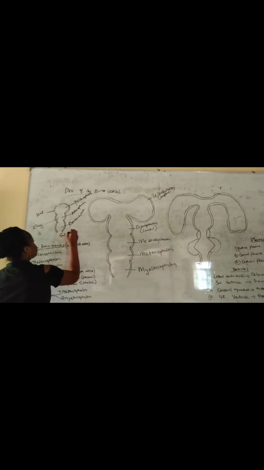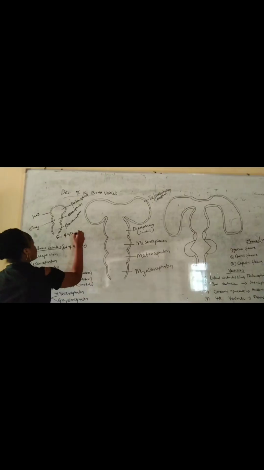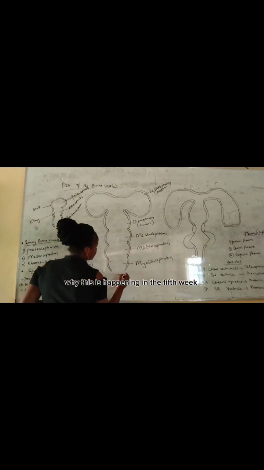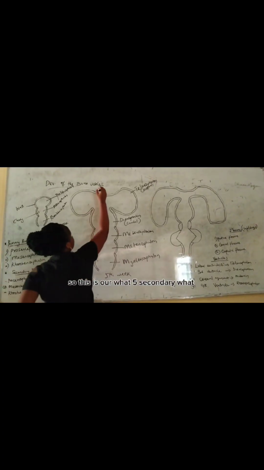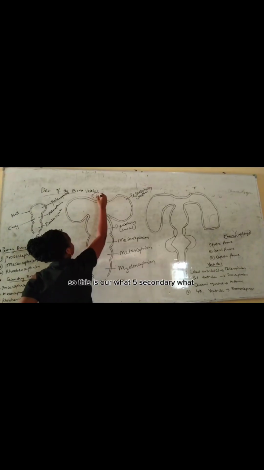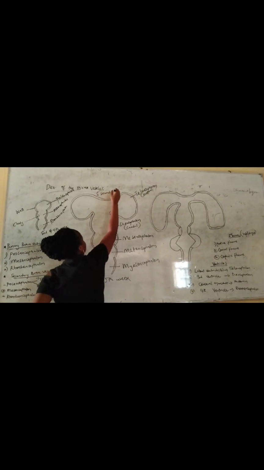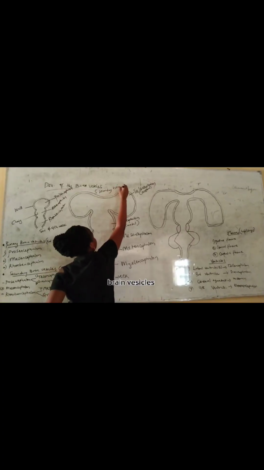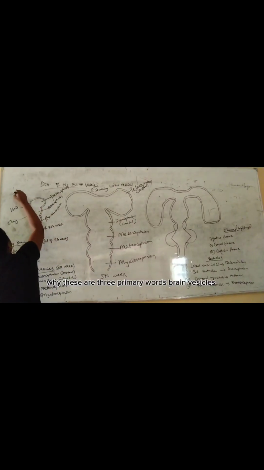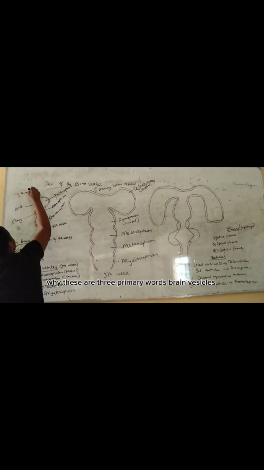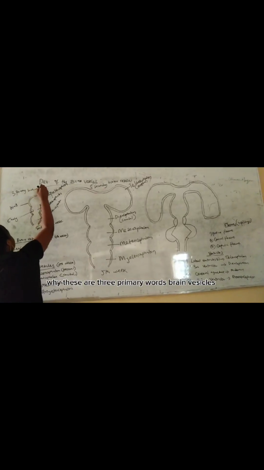This is happening at the end of the 4th week, while this is happening in the 5th week. So this is our 5 secondary brain vesicles, while this is our 3 primary brain vesicles.